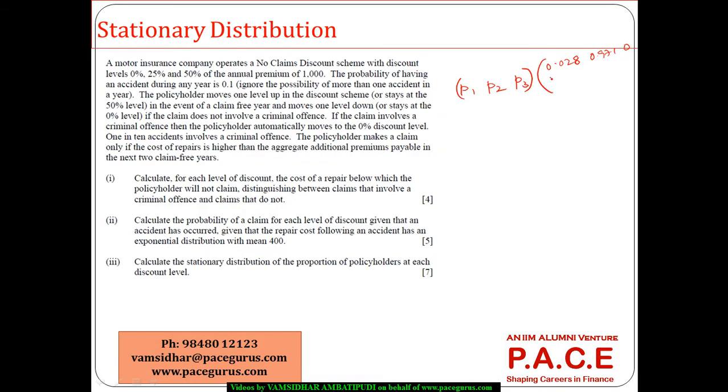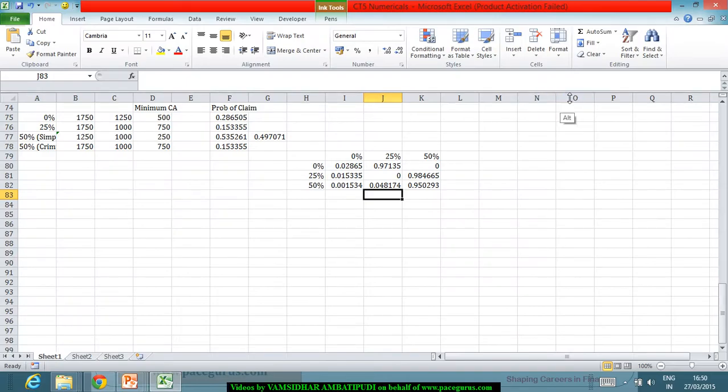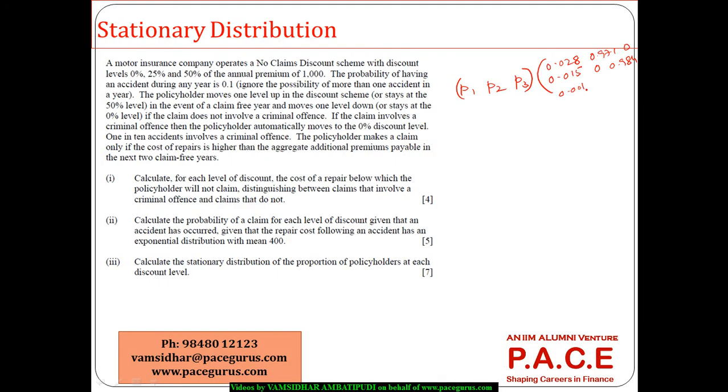Then I have 0.015, 0.984, some such kind of numbers. Then 0.001, 0.048, 0.95, some such kind of number. This should be equal to P1, P2, P3 itself.